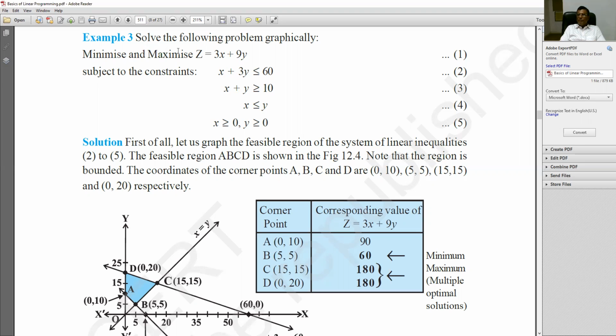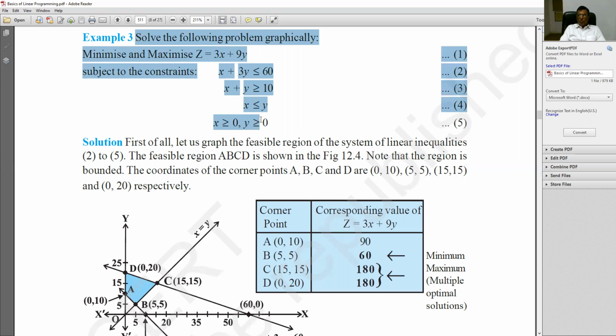I hope you have written this numerical, students. This is the complete question. Just after writing it, write what I am explaining.